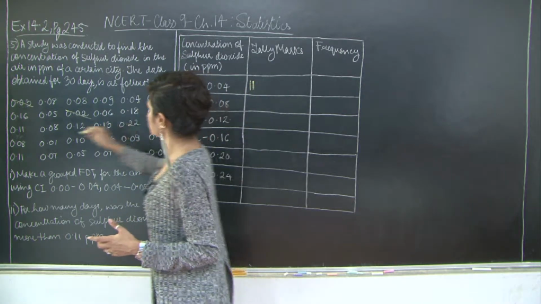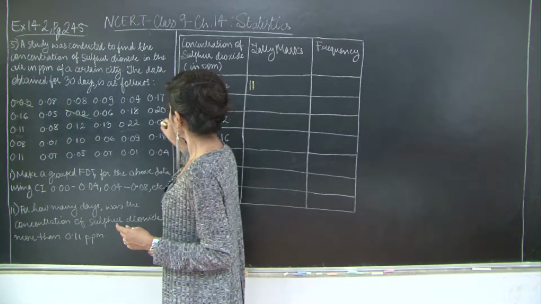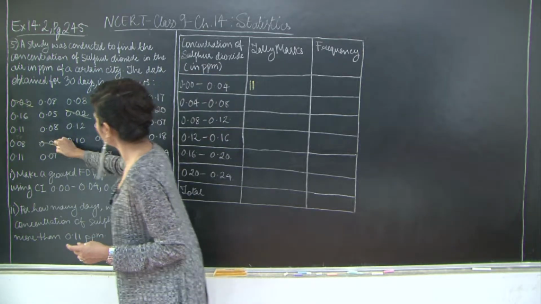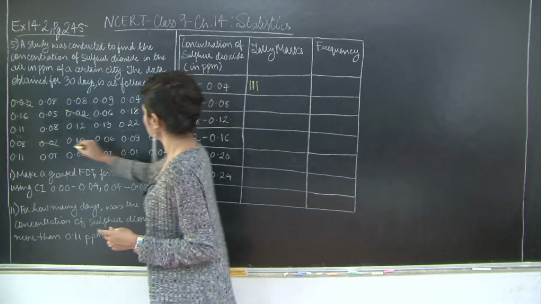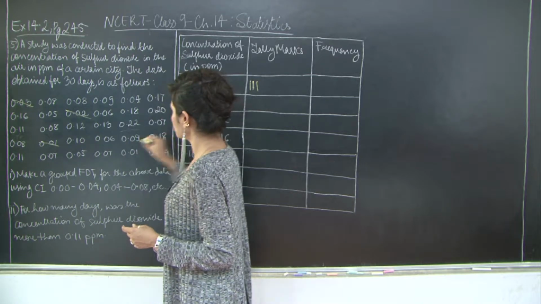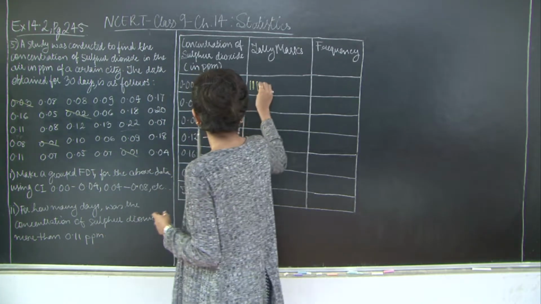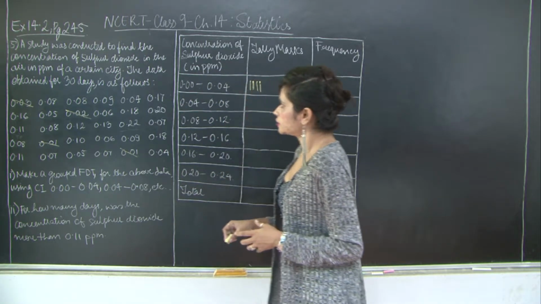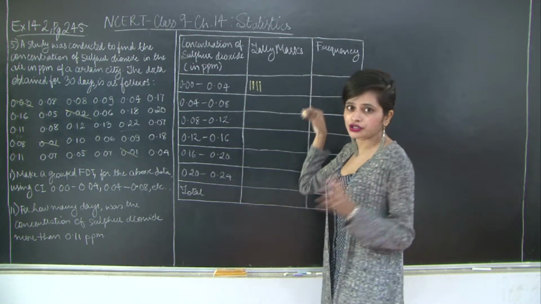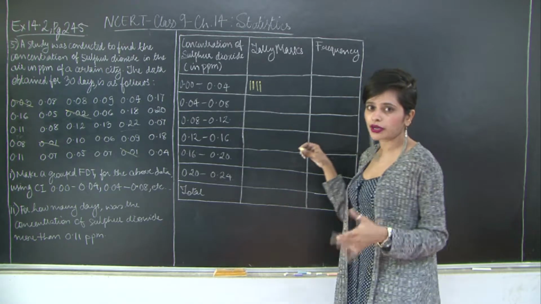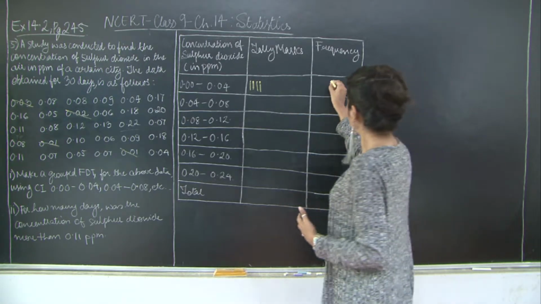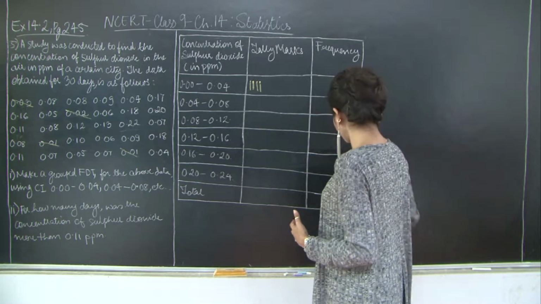Then you have 0.013, and you have another one here, 4. So I'm going to write down 4 just in case we've missed out any value. Not to worry, we will always come back later. So the frequency is 4.